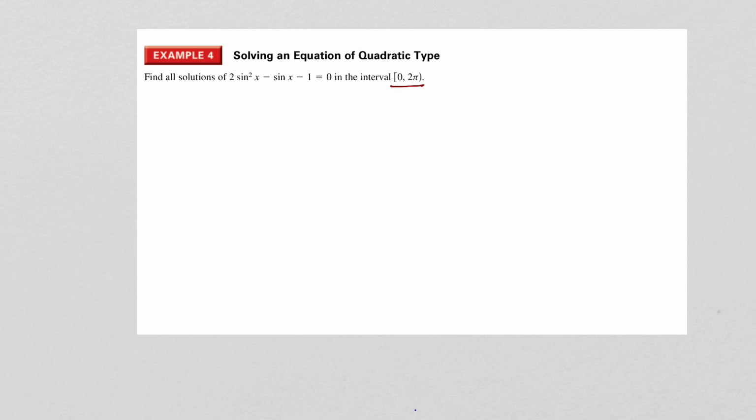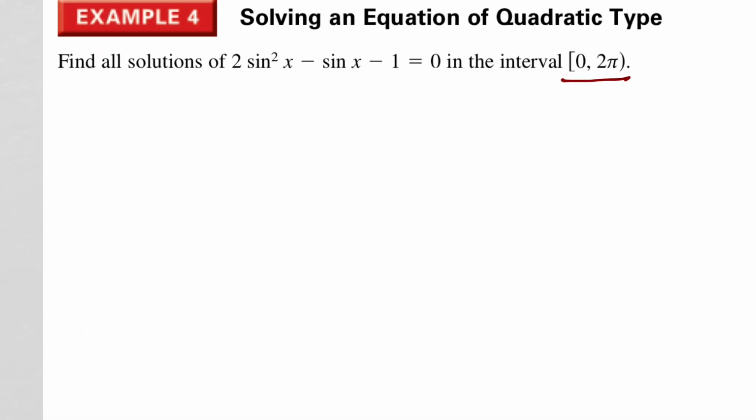All right, back in 5.1, we practiced factoring quadratics that had trig functions in them. One technique you can use if you just want to make it a little simpler looking is do a little substitution. So I'm just going to let u equals sine x, and I'm going to say 2u squared minus u minus 1 is 0.